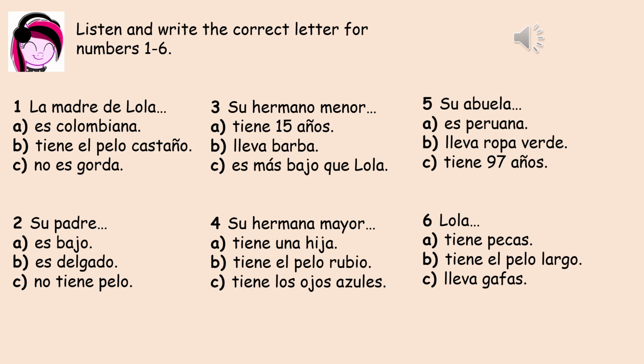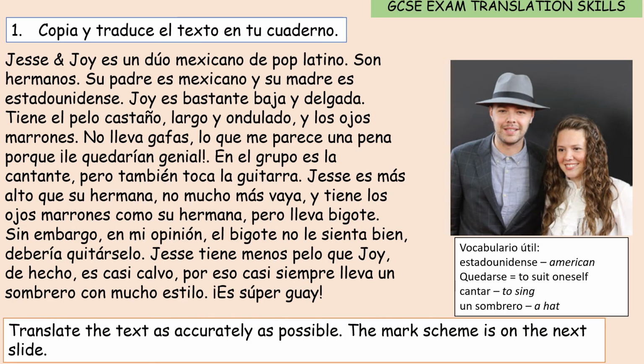I can't remember what number 4, 5 and 6 were, so I will put those in the comments. Apologies for that. Right, so you now have a translation. Read the text and translate it into English. Pause the video and have a go in your books.